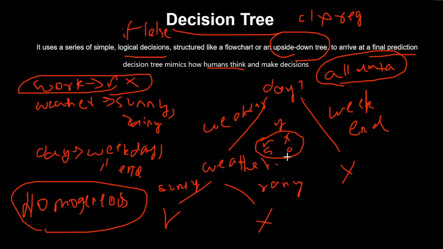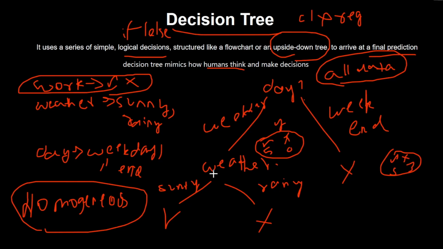There is nothing in the no class, so it's homogeneous. Similarly, if it's not, then we would have something like 5 and let's say 3. So this is not homogeneous.